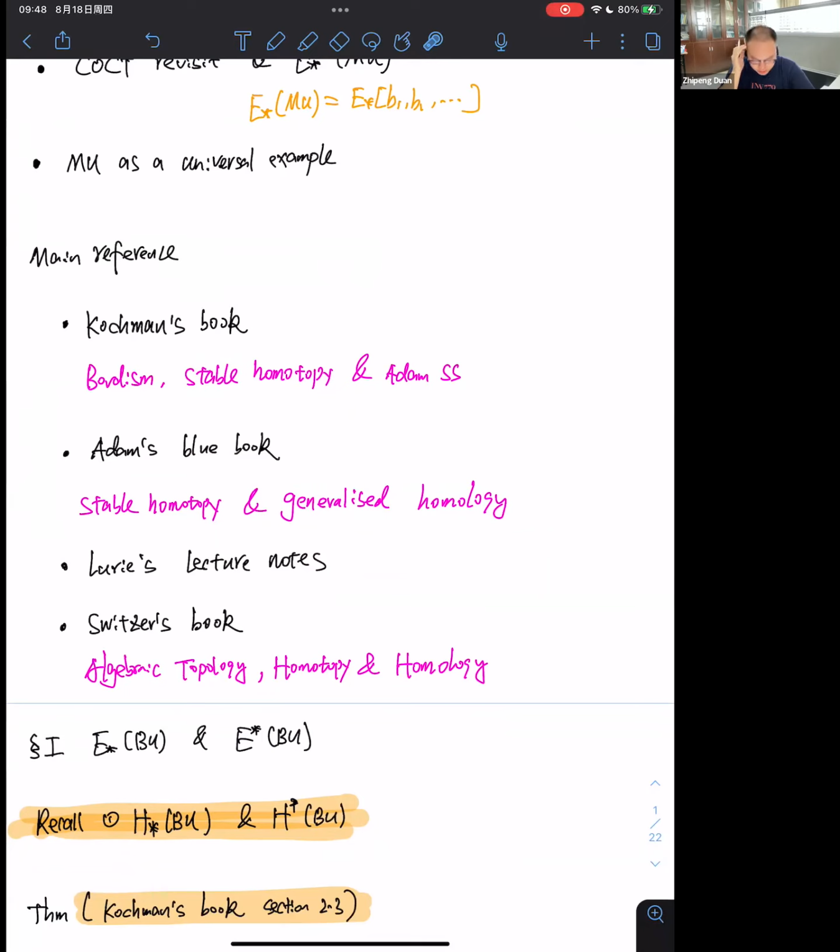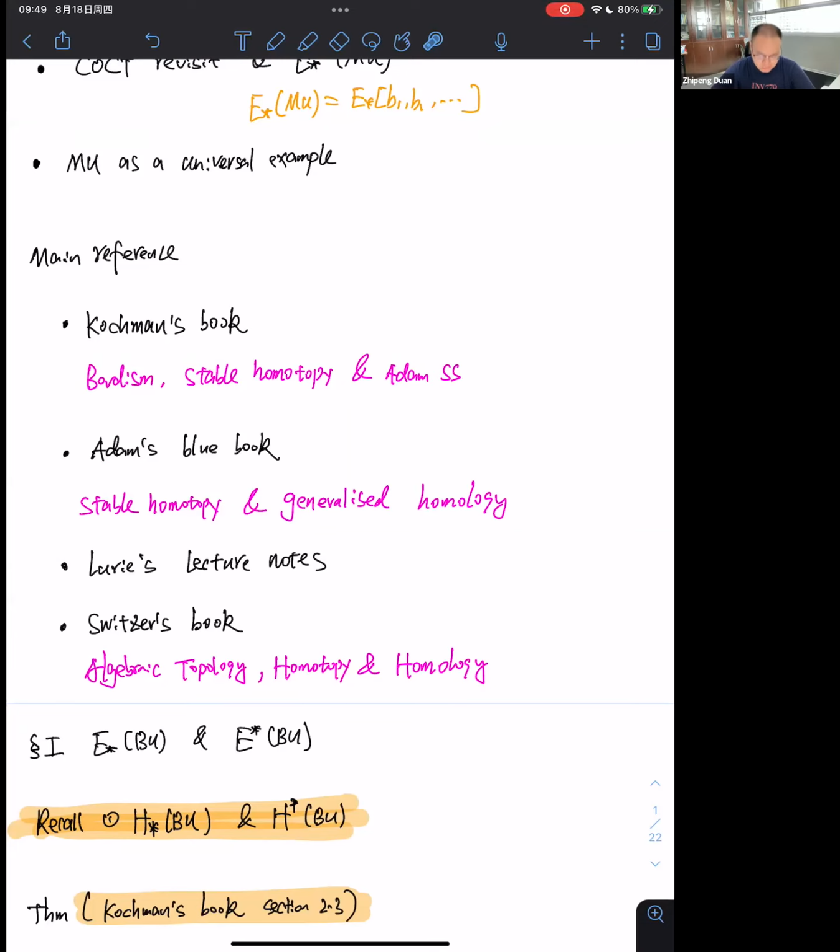Although it was written 40 years ago, it still contains a lot of interesting, fruitful mathematical material, so it is highly recommended. The third source I recommend is Rory's lecture notes, which you can find on his website. And the fourth source is Switzer's classic book about algebraic topology, homotopy, and homology.